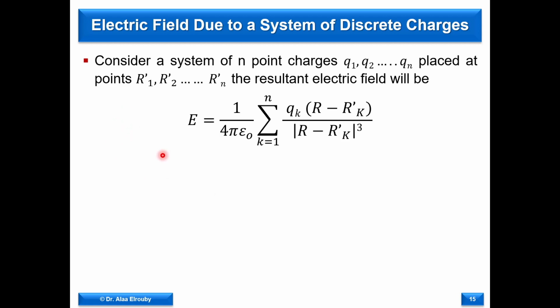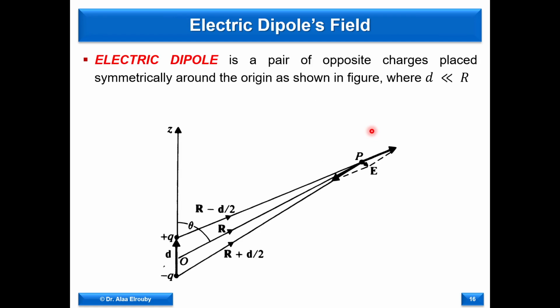So this is the expression for the total electric field at an observation point that has a position vector r because of n charges. Each charge at a certain position contributes: the contribution from charge k equals qk times r minus r prime k, the position vector of charge k, divided by the magnitude cubed. So again, it's just a direct application of what we learned.